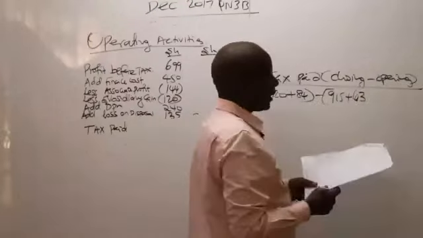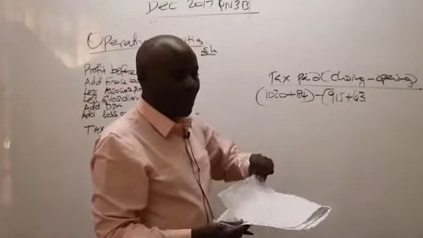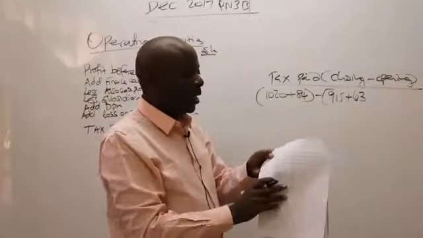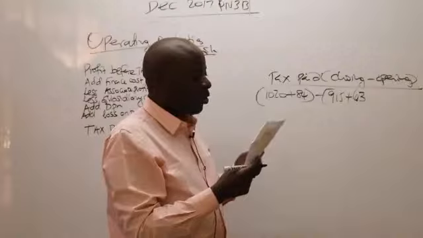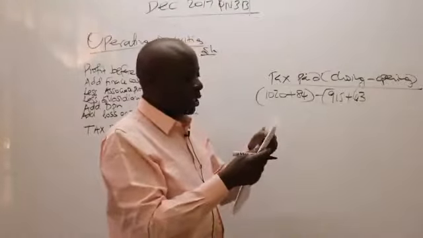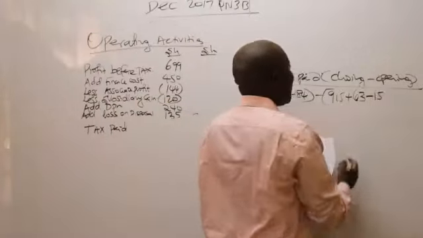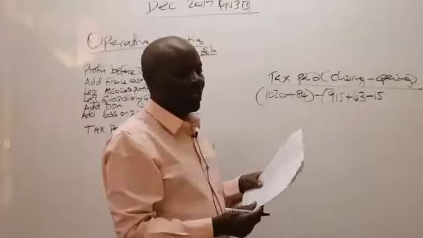All right, plus 63. But again, remember that there was a disposal that has to be adjusted in the opening amount. A disposal of 15. And then again, remember that there is tax for the year.